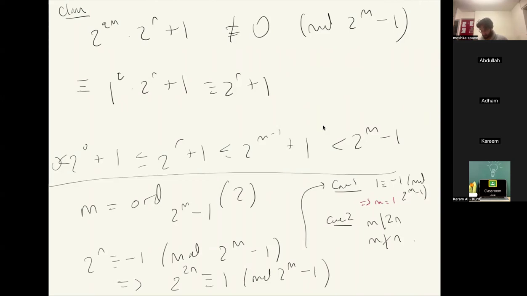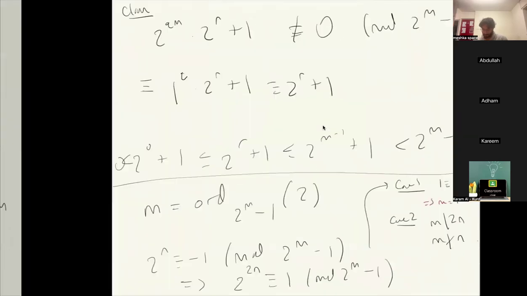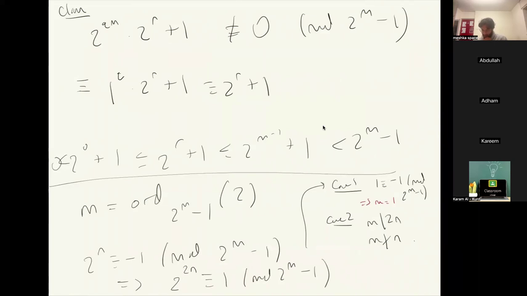In the second case, since m does not divide n, we should have m equal to... or maybe you can't say that. So we say m divides 2n, m does not divide n.